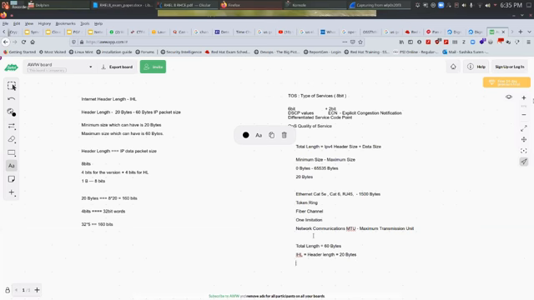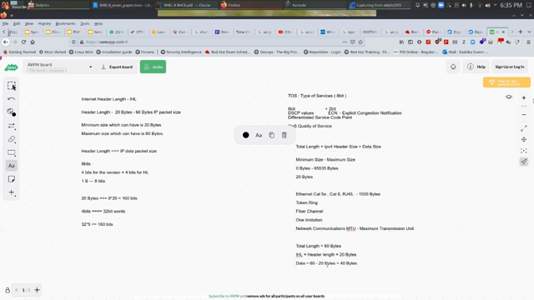Exactly. So I told you this is the equation: total length equals IPv4 header size plus the data size. If you want the data size, just deduct the header length from the total length. So of course the data size is 40 bytes.